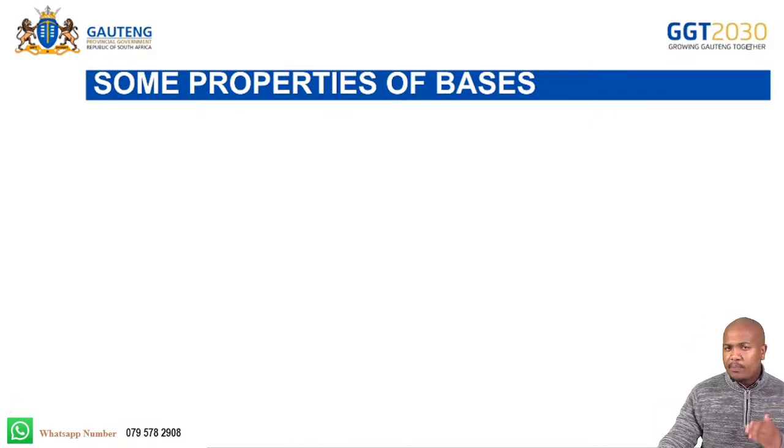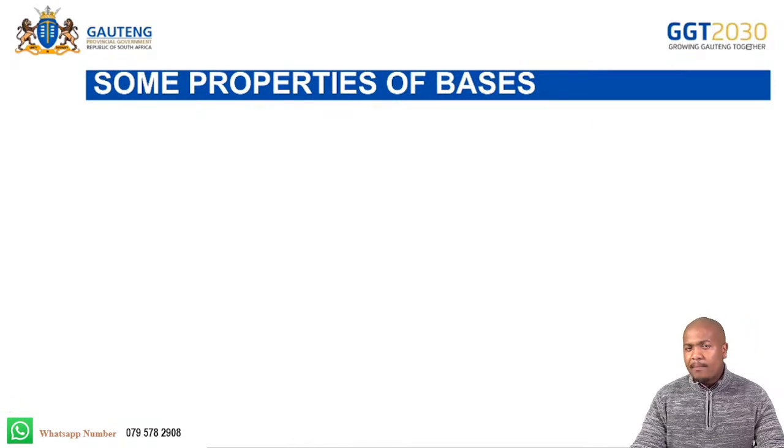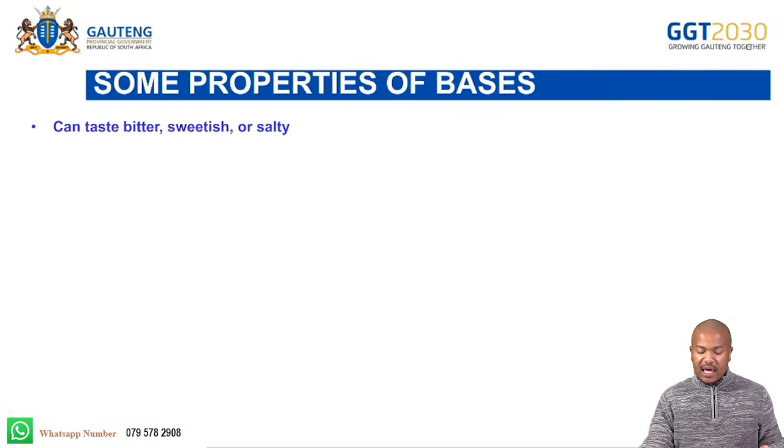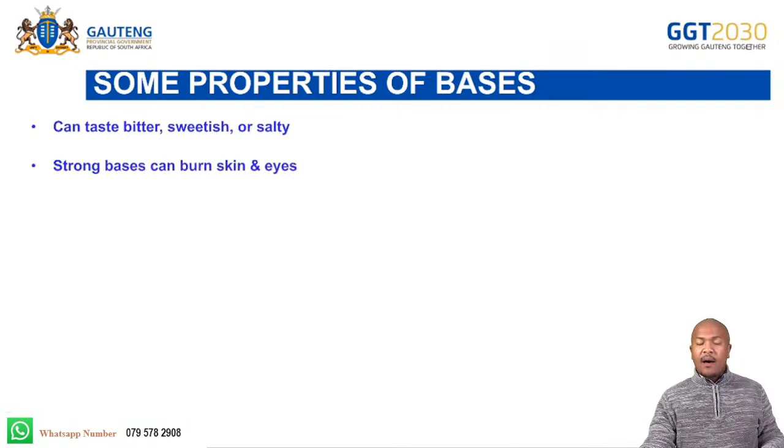Now, properties of bases. Bases are the opposites of acids. One of their qualities is that they taste bitter, sweetish, or salty. Are we together? Bases can also be strong, and they can burn our skin and eyes.